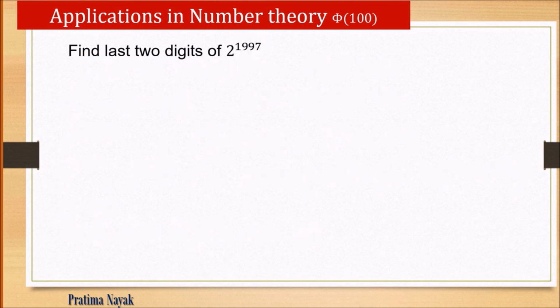So next is find last two digits of 2 power 1997. I can't apply this phi function directly for 2 and 100 because 2 and 100 are not co-prime.